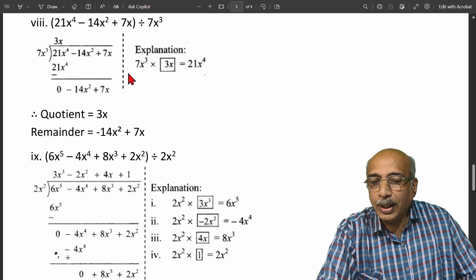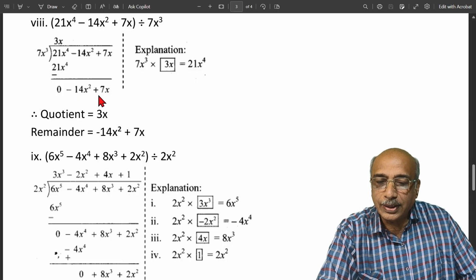So 21 x raised to power 4. Here we will write, here remainder becomes 0. Bring down the second and third term. Now second and third terms are minus 14x square plus 7x. Now raised to power, here it is x raised to 2. Here it is x raised to 3.